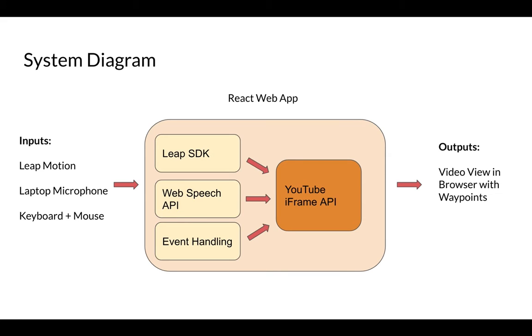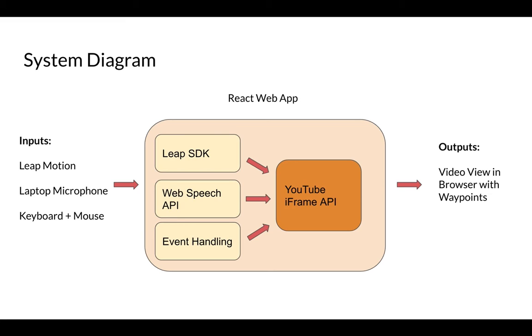So in terms of implementation, I plan to make a web app with an embedded YouTube video player. This removes the issues of hosting videos, having basic video controls, and the API has all the controls I need, including play and pause and seek, which will be the bulk of this work. And inputs will be gestures from a leap motion, audio from a laptop microphone, and the typical keyboard and mouse.